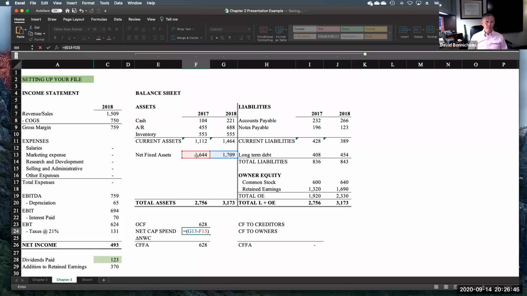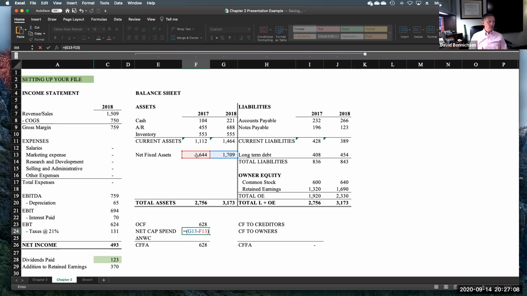Bueller? Bueller? If net fixed assets incorporates the non-cash item of depreciation, and we're taking the difference between two non-cash book value items, what do we have to do to that difference to get it to a cash basis?